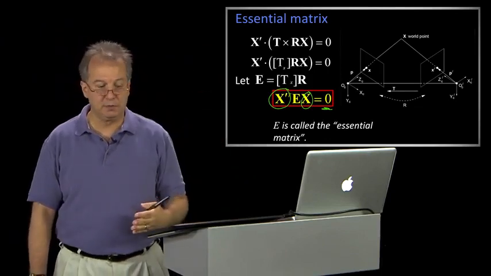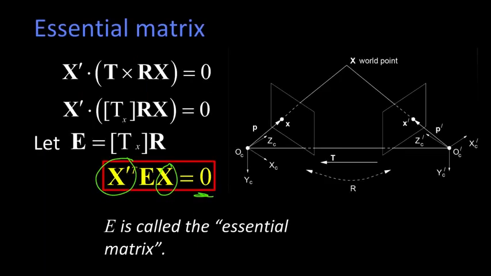Would the equation still be true? Of course it would. So not only is it true for the point out here, as expressed in this coordinate frame, it's true for every point along that ray expressed in that coordinate frame. Likewise for every point along that ray expressed in the other coordinate frame. That means it also talks about image points, but we'll get there.